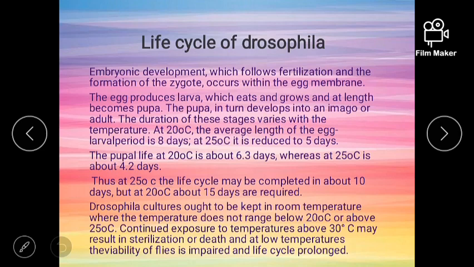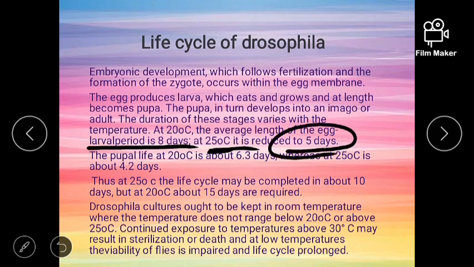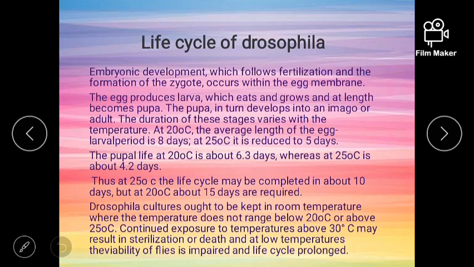Now the life cycle of Drosophila also depends on temperature. Like if it is 20 degrees, then the larval period is 8 days. If the temperature is high, that is 25 degrees Celsius, then the larval period will only be 5 days. So if the temperature is high, then development is taking place faster.